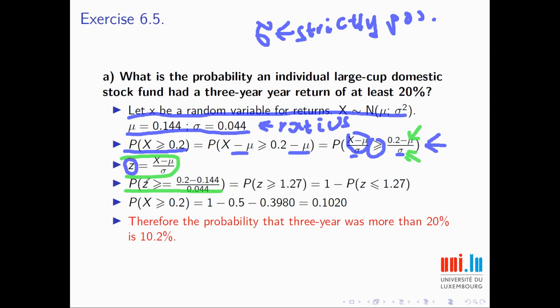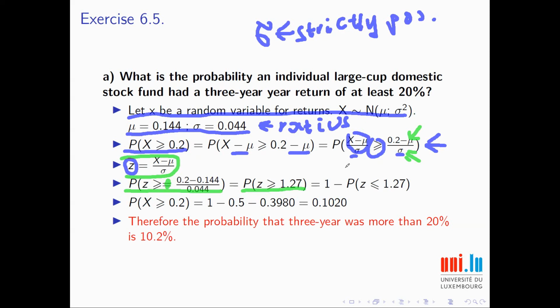So the probability that the standard normal variable is... so here it's not needed, sorry, it's a mistake. So the probability that our Z is more or equal to this expression. And by calculating, we found that the probability that Z is more or equal to 1.27.